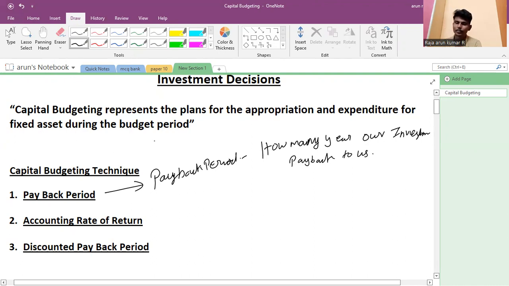Payback period means how many years our investment pays back to us. We find out that payback period.